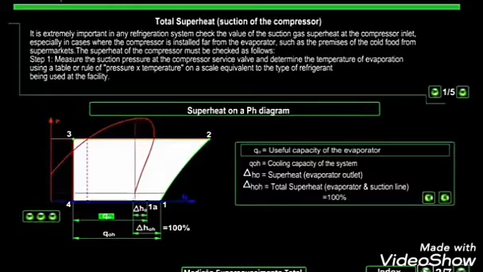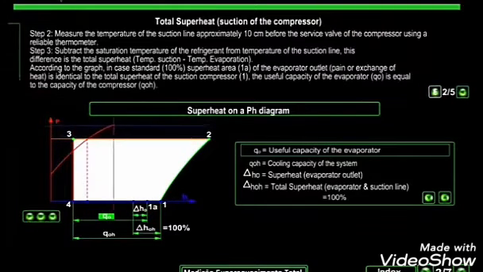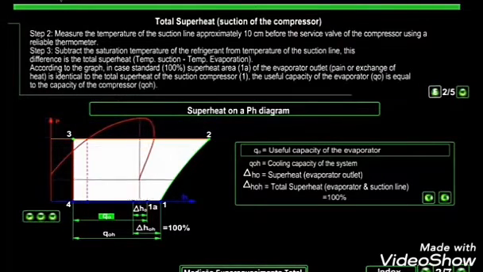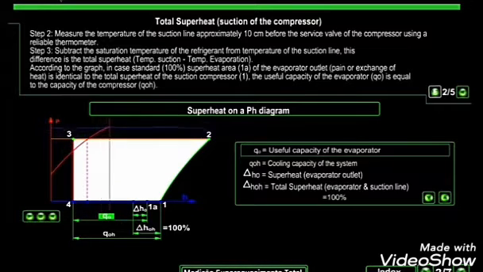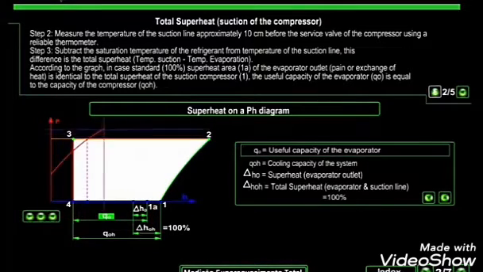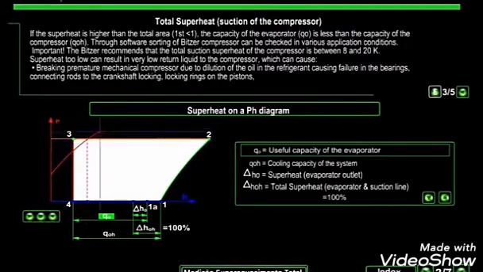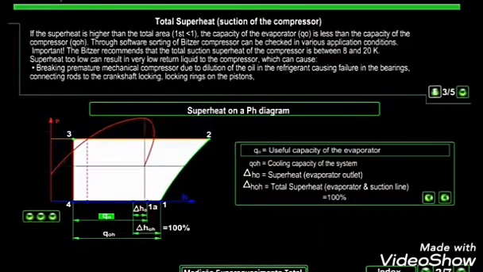Fourth one, using a thermometer, measure the suction temperature next to the bulb of the thermostatic expansion valve. Fifth one, the value of superheat will be equal to the suction temperature minus the temperature of evaporation obtained by the suction pressure converted to saturated temperature.